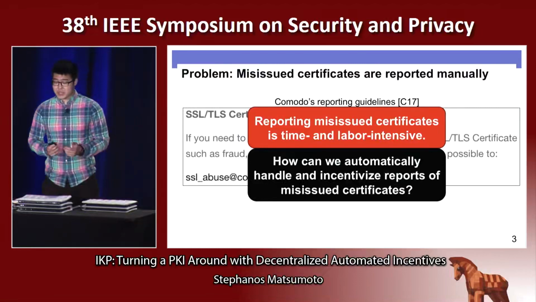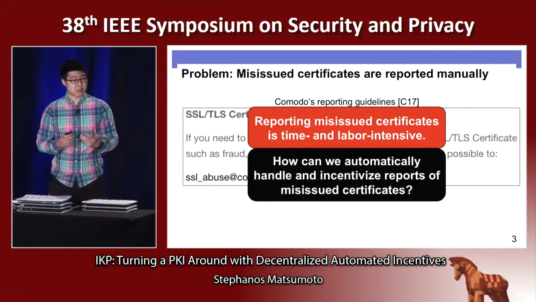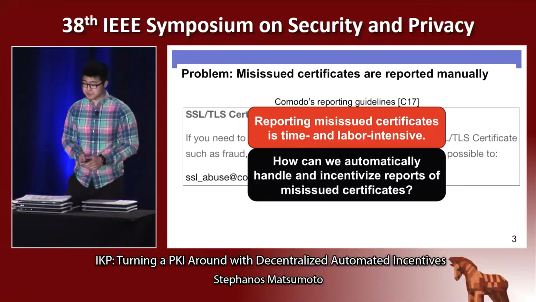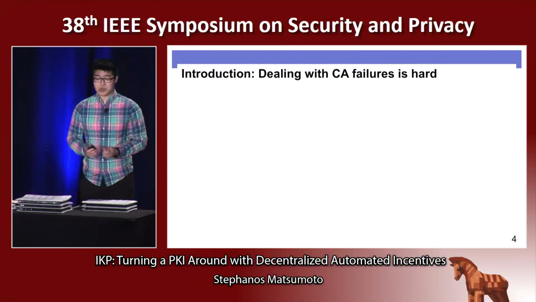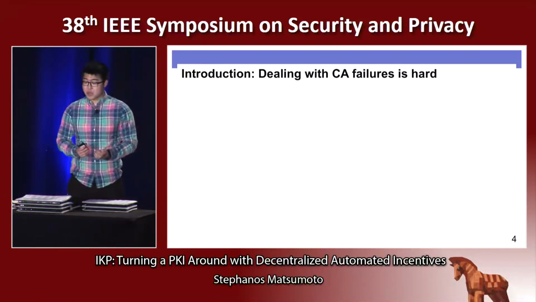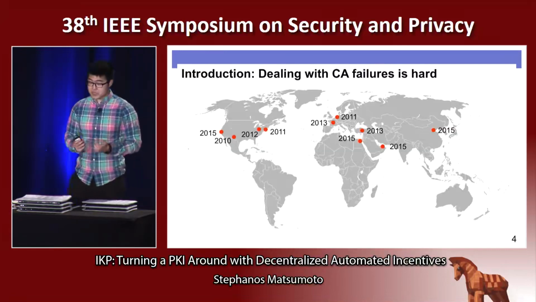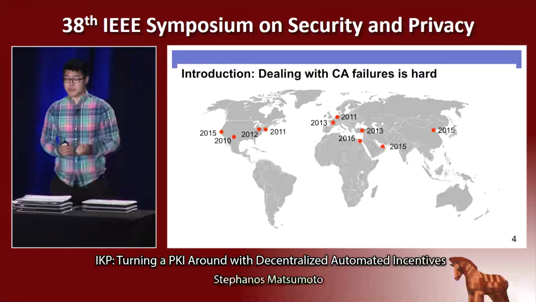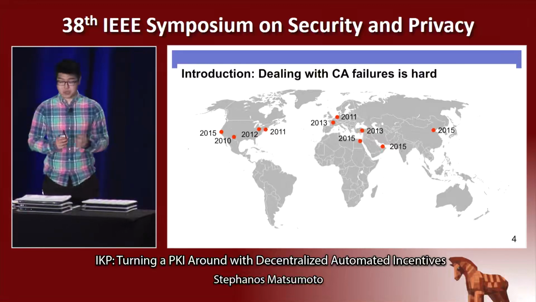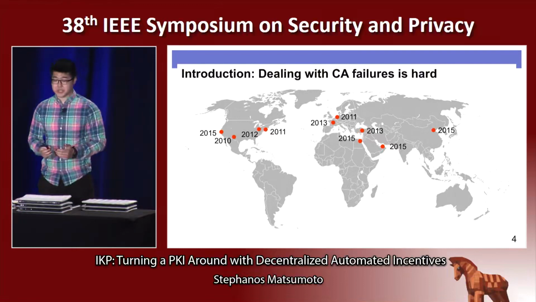So we can ask, is there a way to automate this process and moreover incentivize successful reports so that people are more likely to publicize these misissued certificates? Now, to make matters worse, if someone reports an unauthorized certificate, it's often difficult to deal with the issuing CA from the browser's perspective. So each one of these dots represents a major CA failure in the recent past in which misissued certificates for sites such as Gmail, Facebook, and Microsoft were detected.